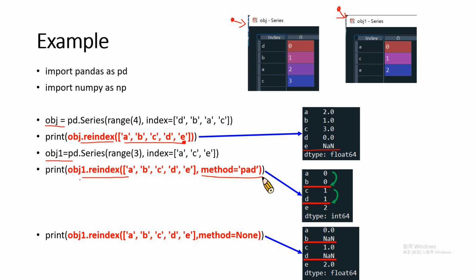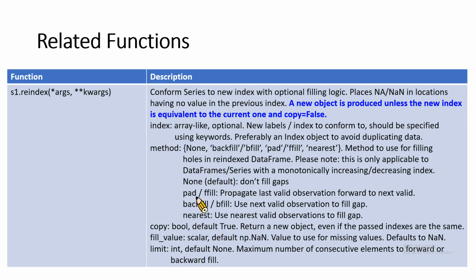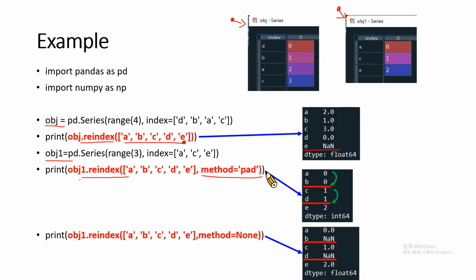And the method is pad. It means how to fill in the values of the new index. Pad here means it will propagate the last valid observation to the next value.